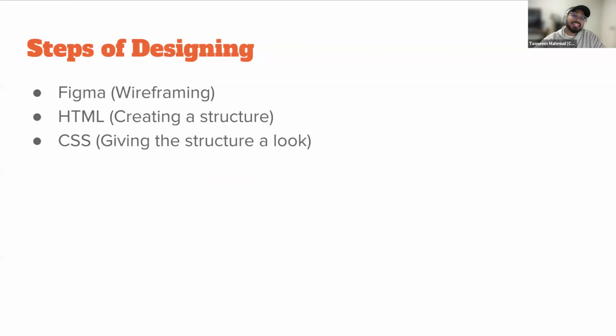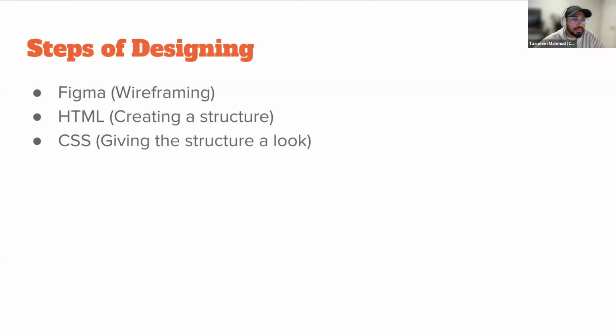Now, steps of designing. To start with, we have Figma. This is very important because wireframing is essentially step one for any kind of application design, be it web applications, mobile applications, or desktop applications.